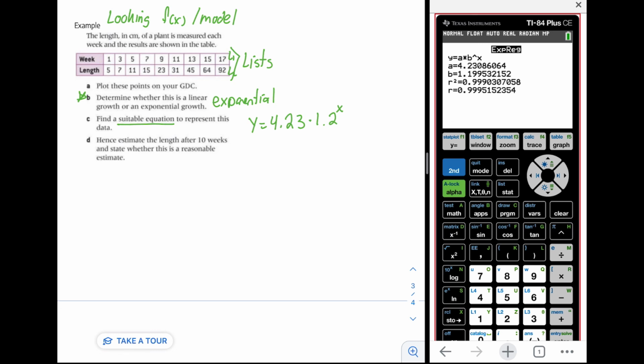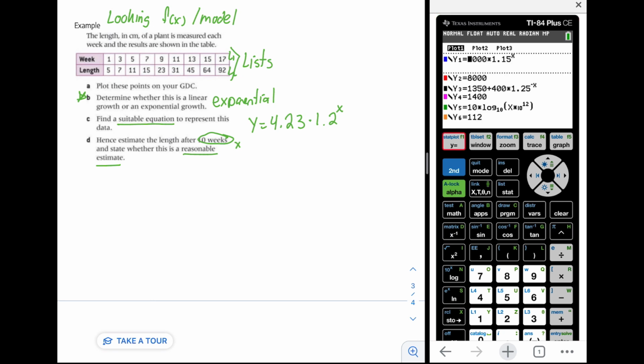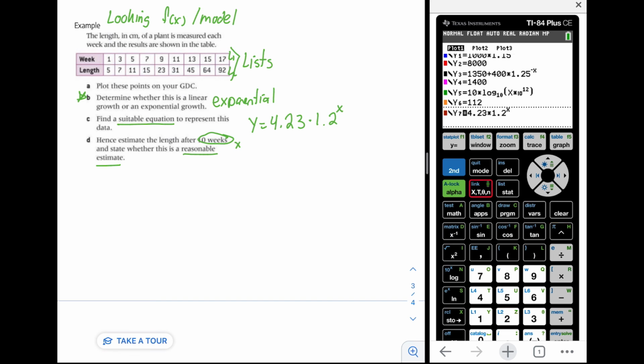D. Hence, estimate the length after 10 weeks and state whether this is a reasonable estimate. After 10 weeks, that means we're replacing x by 10, and we're finding the length. So I can go y is equal to, and I can insert the function that I now have, 4.23 times 1.2 to the power of x.